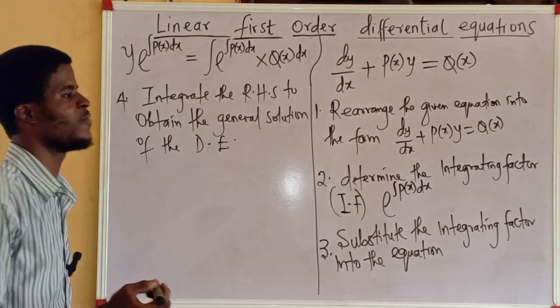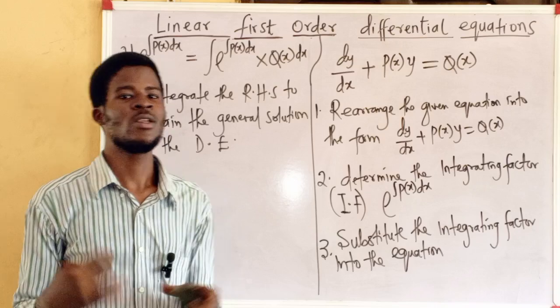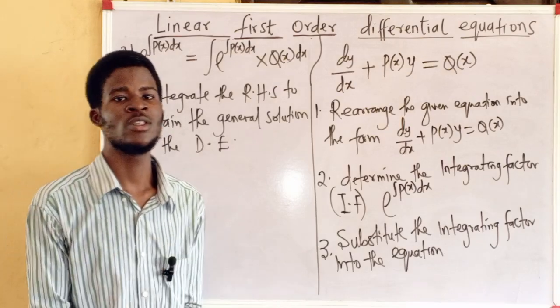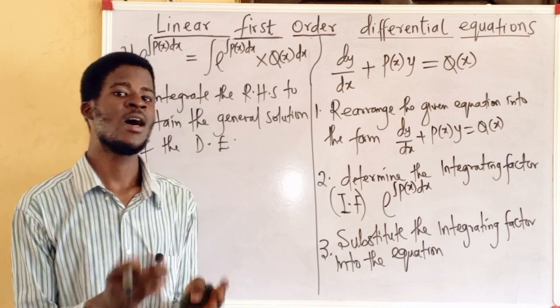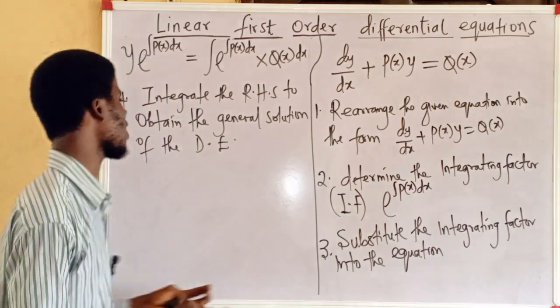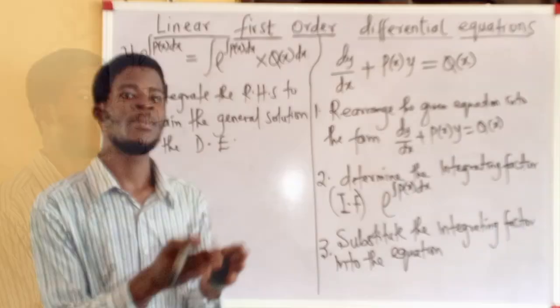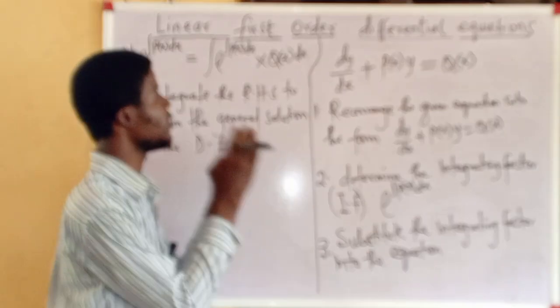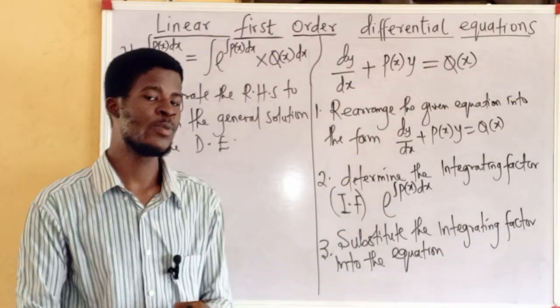We can add step 5 to it, that is when there is an initial condition. If the differential equation is an initial value problem, after determining the general solution, we can now apply the initial conditions.